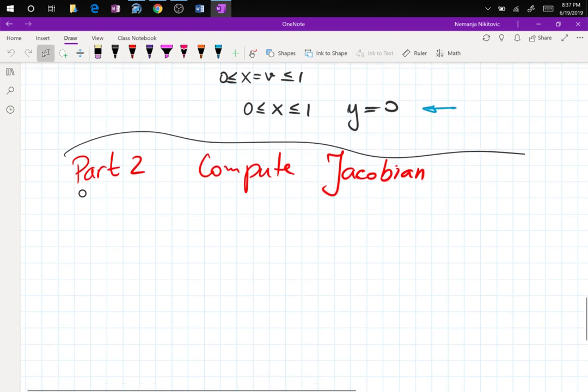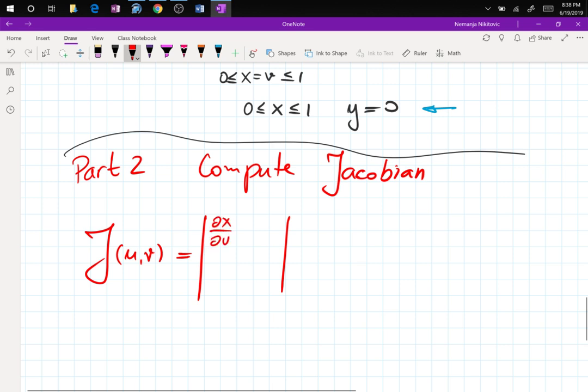Now, we don't do the proof for this. Jacobian of uv for 2D is a 2 by 2 matrix. It's a determinant of 2 by 2 matrix, partial x, partial u, partial x, partial v, partial y, partial u, partial y, partial v.